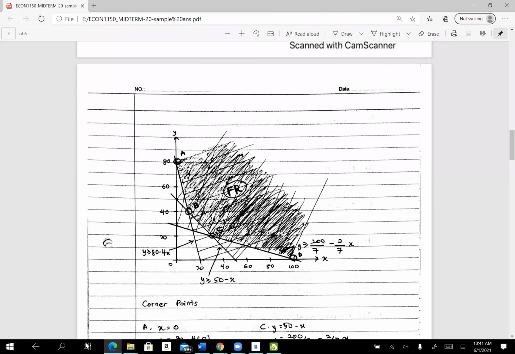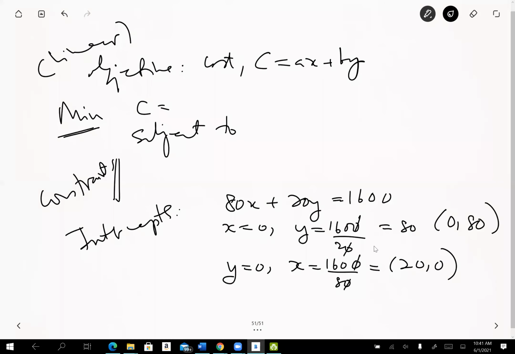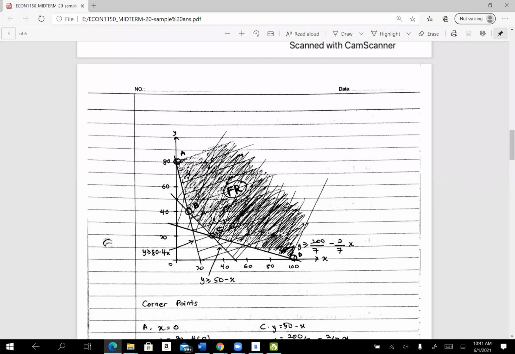All right, so you have the intercepts 0, 80, 20, 0. Okay, so that one would be the first one. So the graph, that is inequality number 1, the equation that corresponds to inequality number 1.